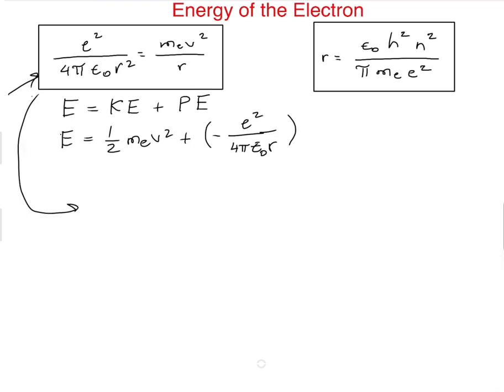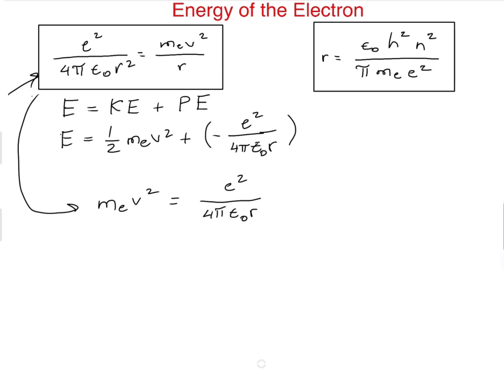We get m_e v squared equal to, multiplying both sides by r, e squared divided by 4 pi epsilon r.